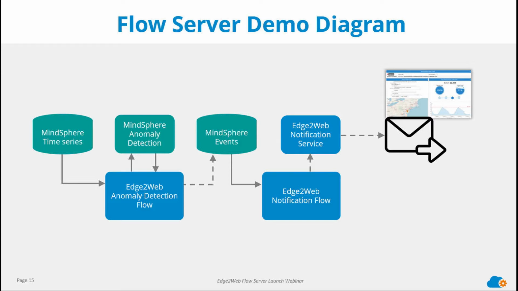An email is then sent to appropriate recipients containing a link to a relevant Edge2Web dashboard so the recipients can view the current reactor operating status. Chris will actually begin the demo by viewing a generated email message, then viewing the dashboard, and then working backwards to show you the FlowServer components that drive this process. So without further delay, I'll invite Chris to get us into the demo.